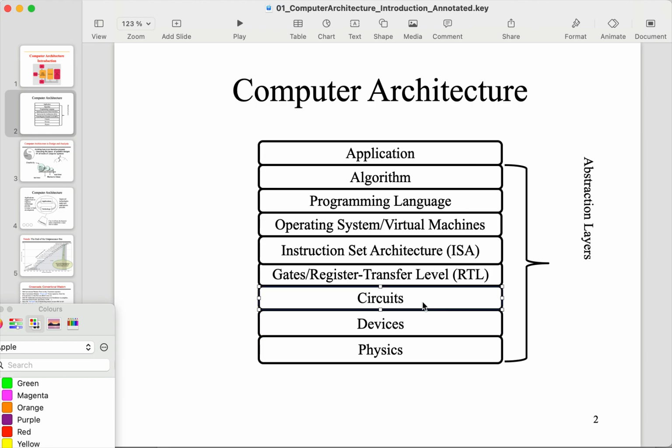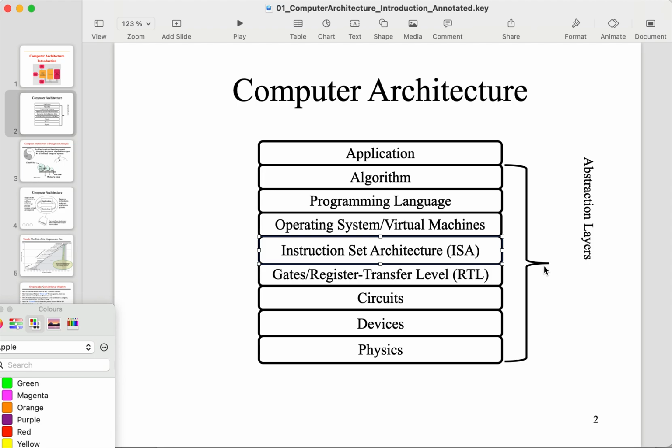After that, we have circuits, gates, which are register transfer level. After that, we have the instruction set architecture, or ISA.